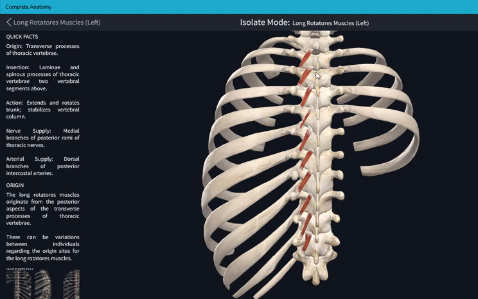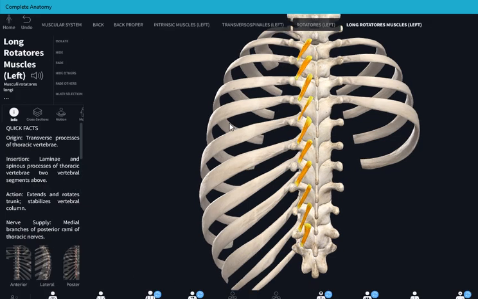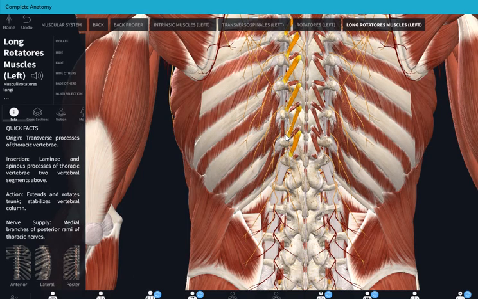So this is the long rotator muscle. It's used in rotation. From the name, you can always find the action, which is rotating the trunk, and it stabilizes the vertebrae. This muscle is very necessary when somebody has lumbalgia with dysfunction of the intervertebral disc.